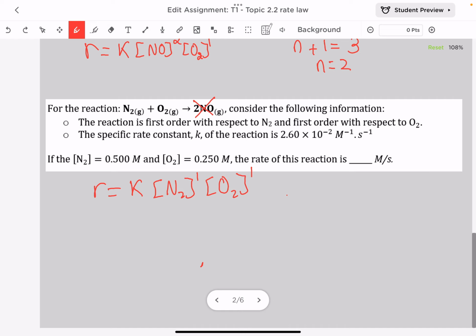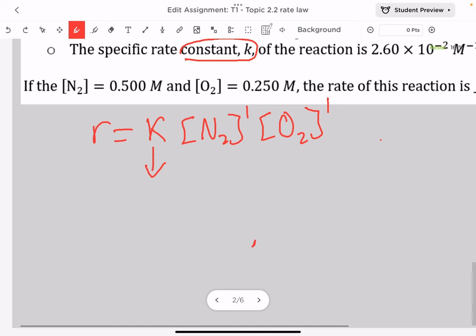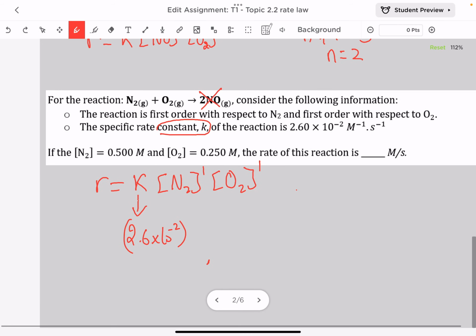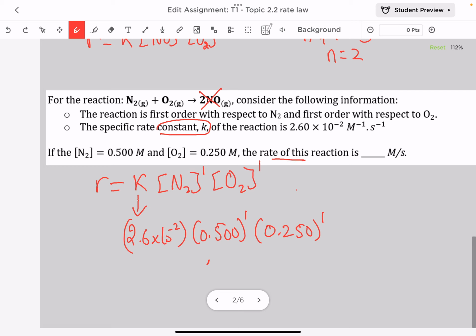Now the specific rate constant K is equal to 2.6 times 10 to the power negative 2. Now the question is saying if N2 concentration is 0.5 to the power of 1 multiplied by the concentration of O2, which is 0.50 to the power of 1, what would be the rate R of this reaction?